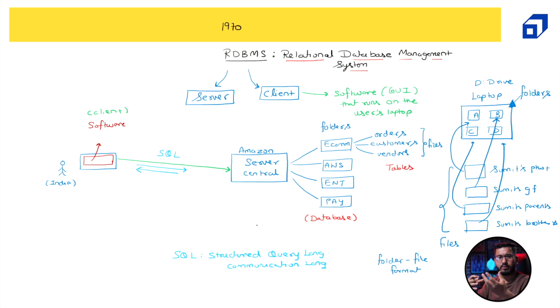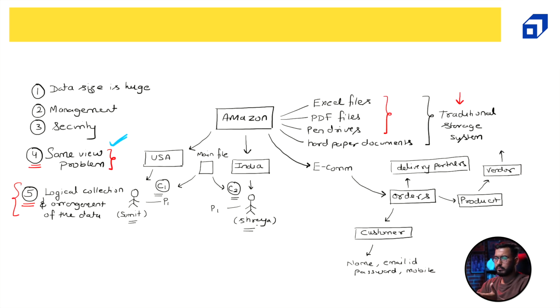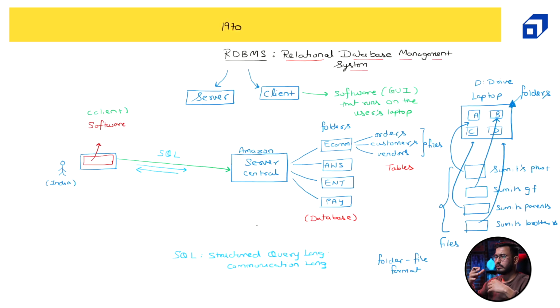Whatever requirement the client has, he or she will write that requirement in the form of a SQL query that will be communicated to the server, and the server will process it to return the answer to the client. Now, how were we able to solve the first problem, the same view problem? It was resolved by creating the server, the central data storage, and everyone who wanted to access that data can connect to it.